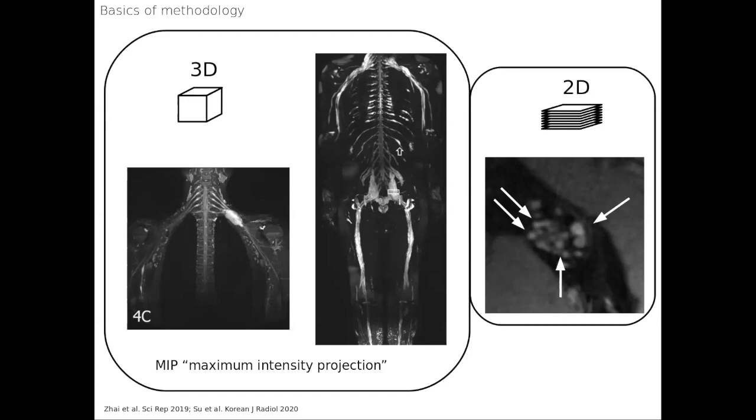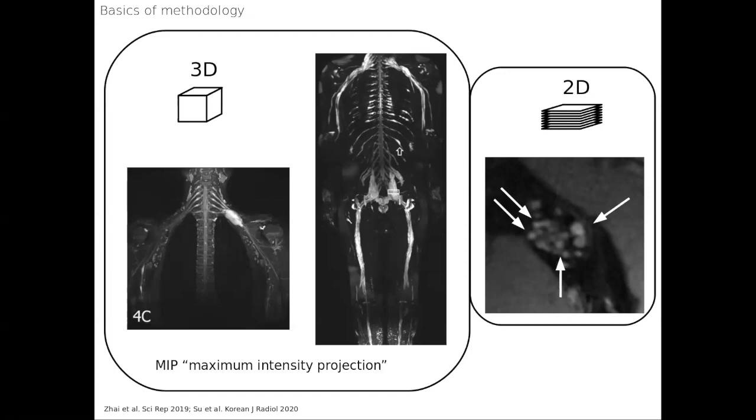And you can also use what is called the maximum intensity projection, which is kind of intensifying the high signal of the peripheral nerves in the images you look at, and you can use this technique to have a nice overview of the pathology.